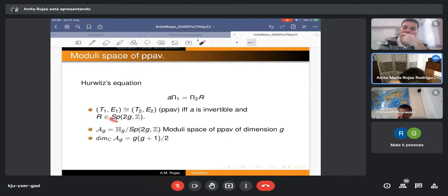Yeah. With that, we can build the moduli space in the analytic way again by taking this quotient in the same way we did in the one-dimensional case. So the moduli space of principally polarized abelian varieties is an analytic space of this dimension.